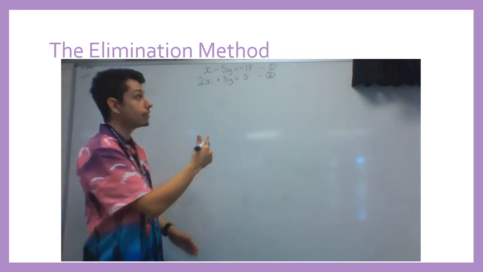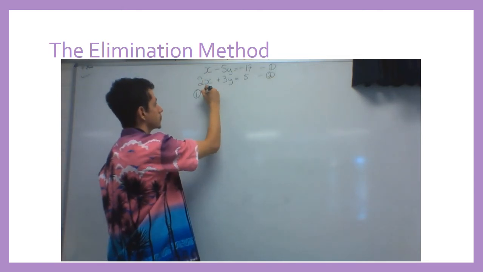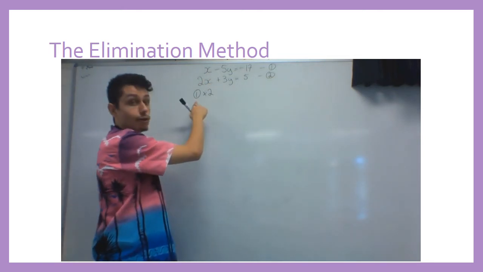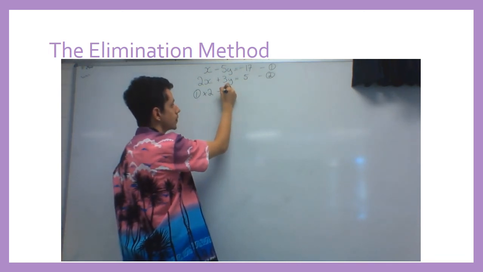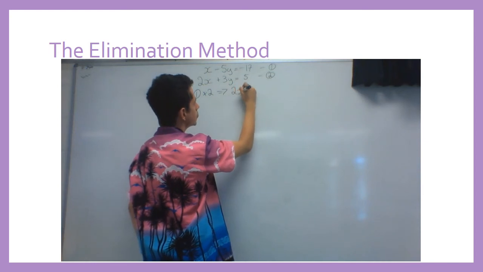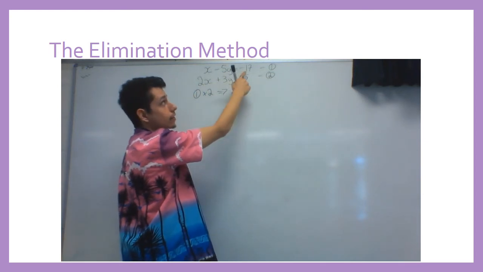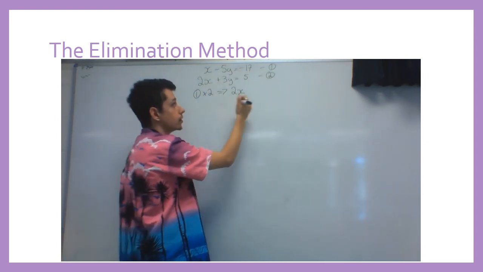So the way we write that: equation 1 multiplied by 2. I'm just multiplying every term by 2.